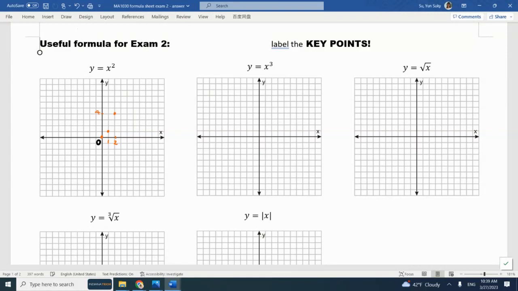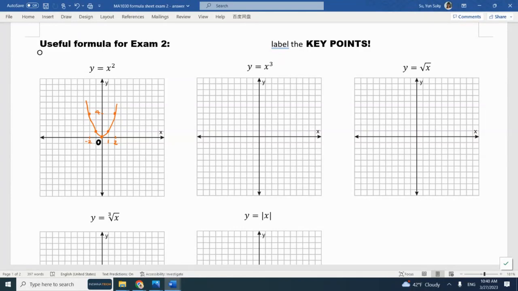So please label the key points. So this is (-1, 1), and this is (-2, 4). And then you connect them. So we have 5 key points for x squared. Everybody clear? So on your picture, I want 5 key points, okay?